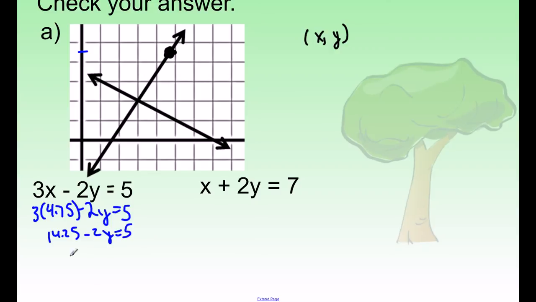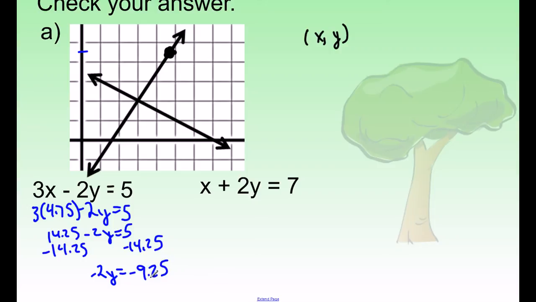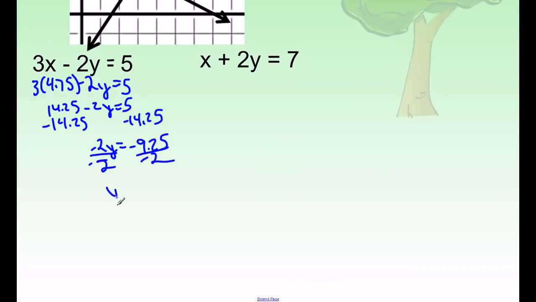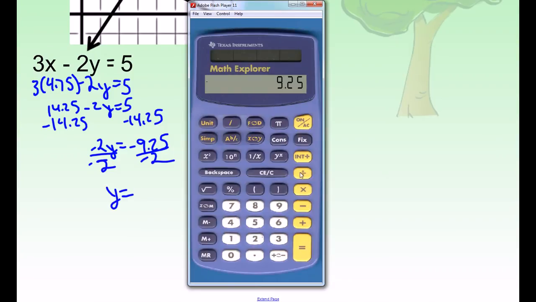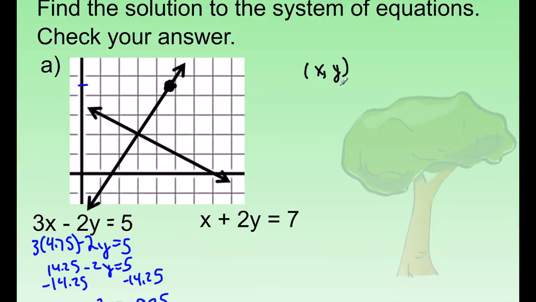I'm now solving the equation for y, so I'm going to subtract 14.25. Negative 2y equals negative 9.25, and divide both sides by negative 2. And we have y equals 4.625, which is pretty much exactly what I said.